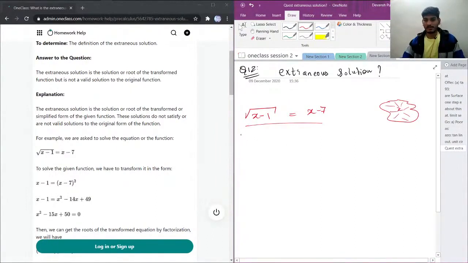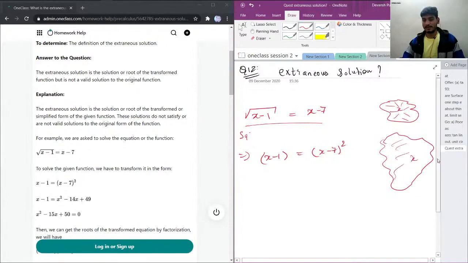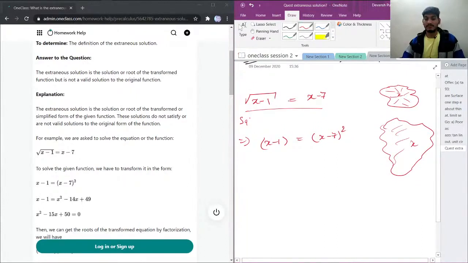Now if I take the square on both sides, we get x minus 1 equals x minus 7 whole square. In this case I have a different domain of x. Though these two equations are derived from each other, the domain of this equation is different from the domain of that equation.